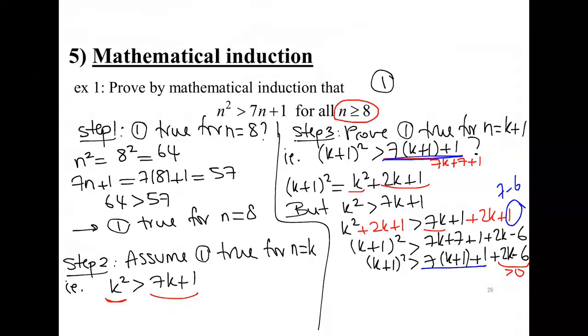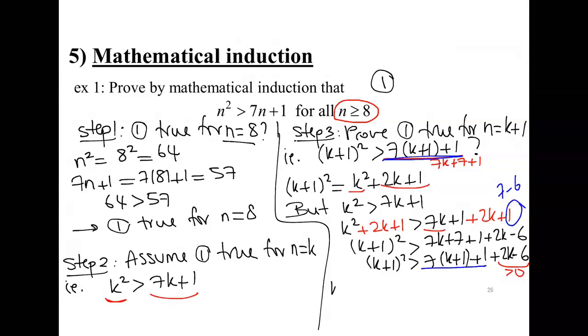So, let's just start by proving 2k minus 6 positive. Now, what do I know about k? We've seen that when you assume it true at rank k, k should be greater than the first value of n. Now we know that the first value of n is 8.